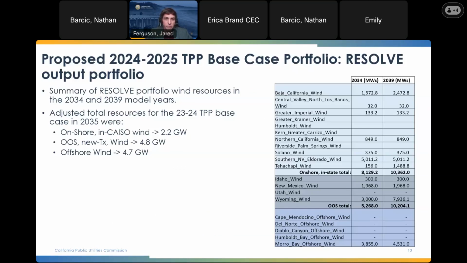Likewise, out-of-state wind in 2034 in this new proposed portfolio has about 500 megawatts more, but then that jumps to about 10 gigawatts total, so almost double the previous TPP portfolio's amount of out-of-state wind by 2039. Next slide.